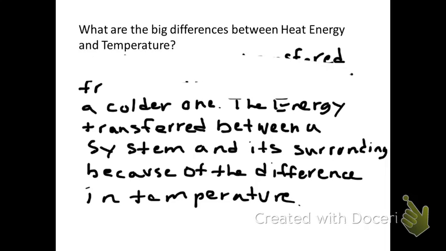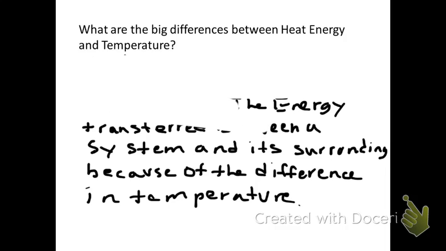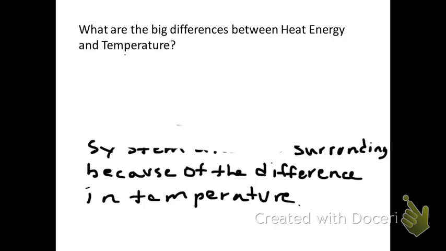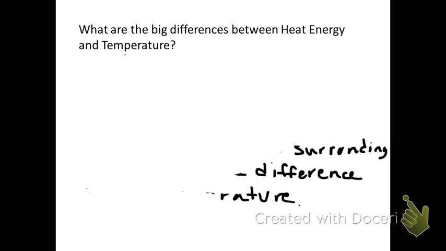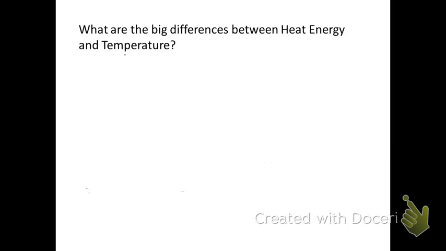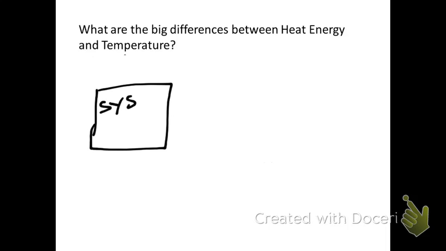I'm going to erase this, and let me illustrate this in a diagram. Okay, so let me diagram this. Let's say we have a system. And remember, the system could be a chemical reaction, whatever.